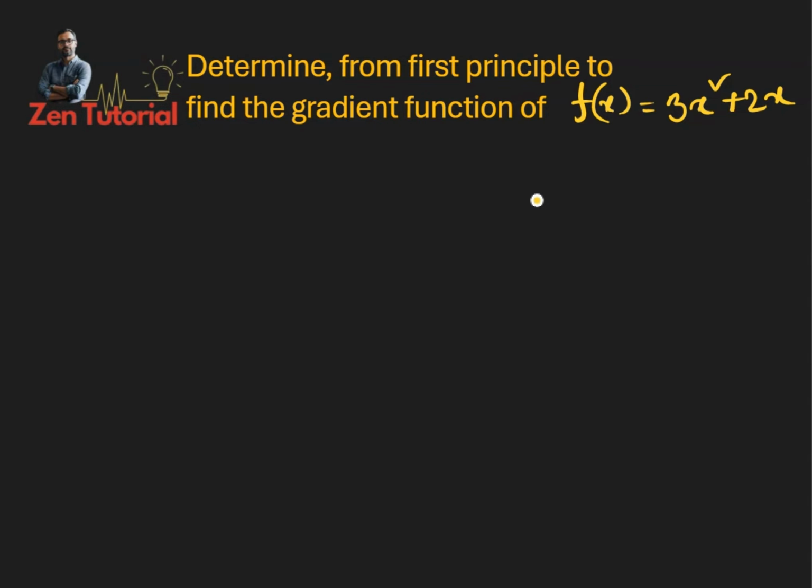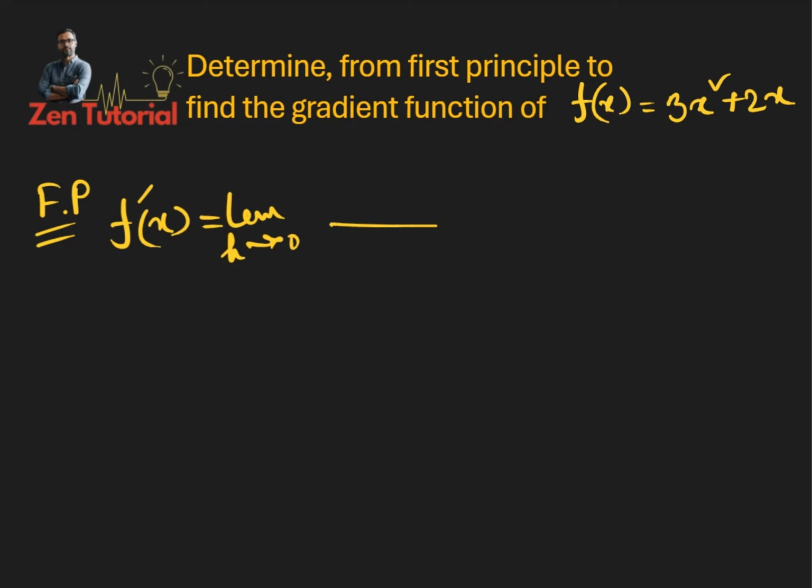In this example, we have a function f of x equal to 3x square plus 2x. By using the first principle, we could write down the first order differentiation of f of x is equal to limit h tends to 0, 1 by h, f of x plus h minus f of x.